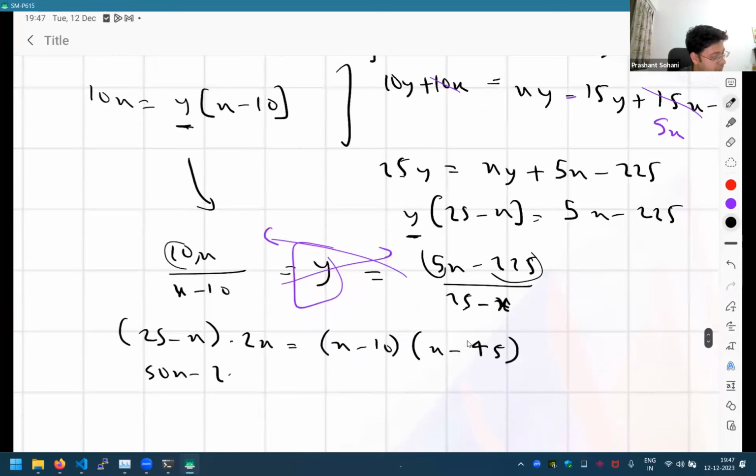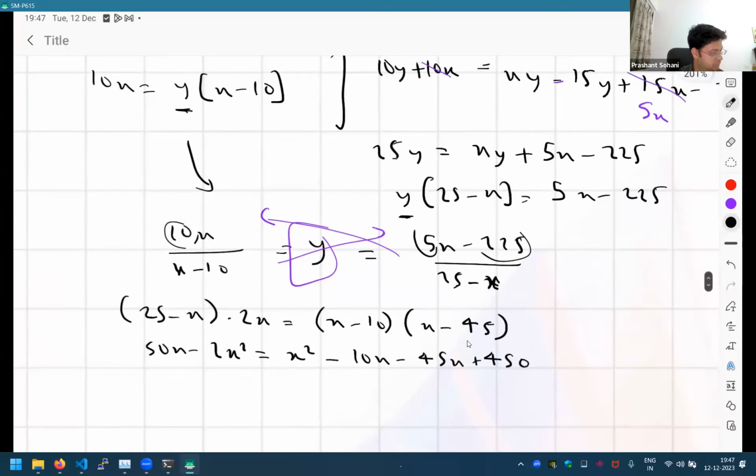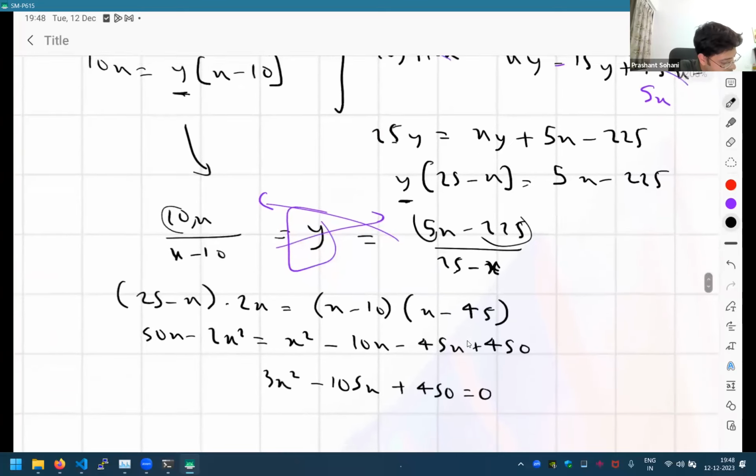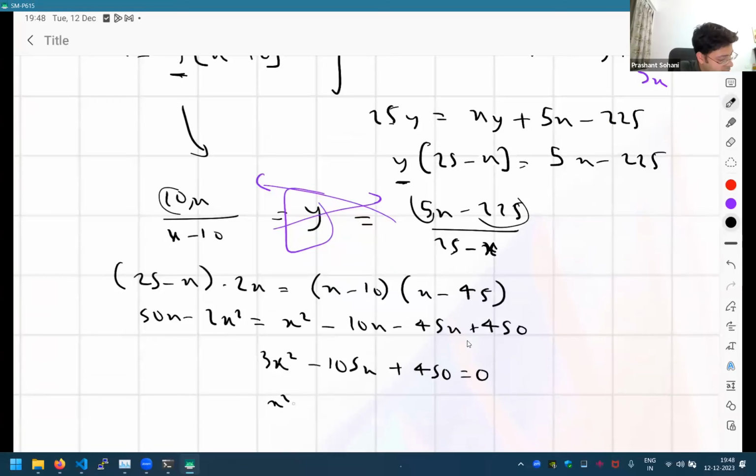Okay, so 50x minus 2x squared is equal to. Okay, so finally I'm going to get a quadratic in x.